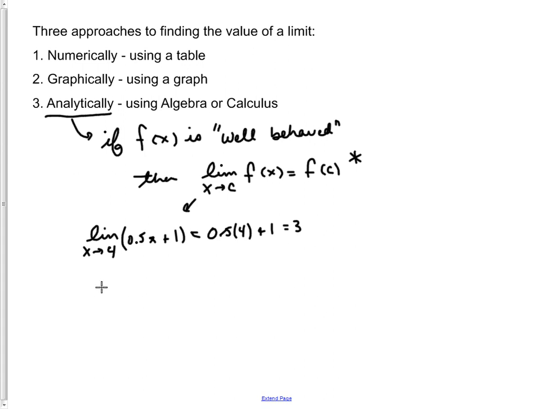So y equals 0.5x plus 1 is an example of a well-behaved function.